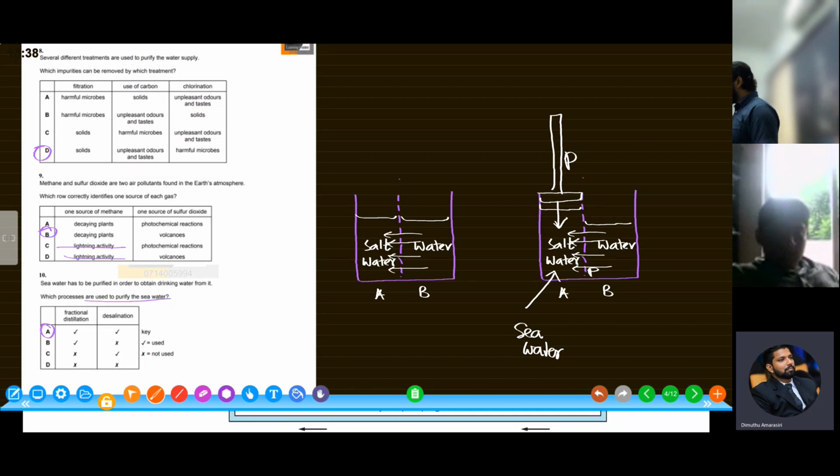How do we do reverse osmosis? Pressurizing which side? The concentrated side, where the water is trying to come from. We pressurize it. It is the concentrated side because seawater is concentrated, but there is still a large amount of water even though it's concentrated. So reverse osmosis helps us to desalinate water. You get it?